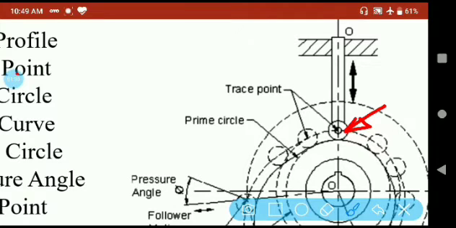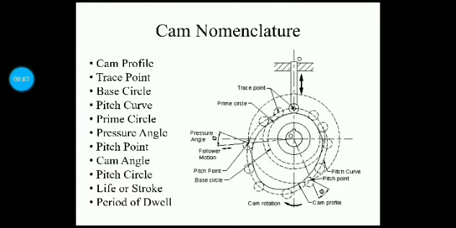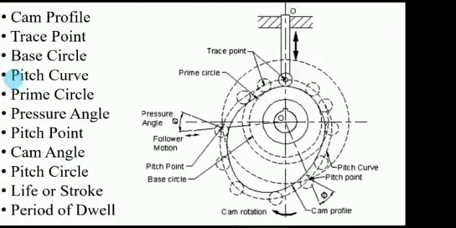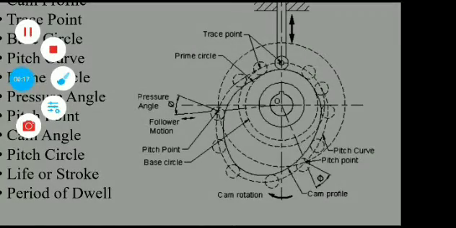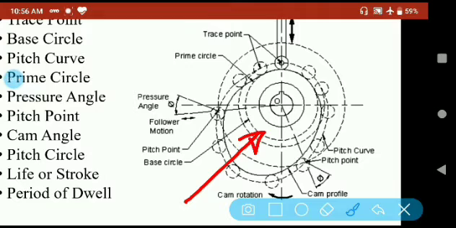Depending upon the type of follower attached to the cam, the trace point will be different. For a knife edge follower, the tip of the knife edge will be the trace point, and if it is a roller follower, the center of the roller will be the trace point. Next is the base circle. Base circle is the smallest circle drawn from the cam center to the cam profile. In the figure, you can see this is the base circle.